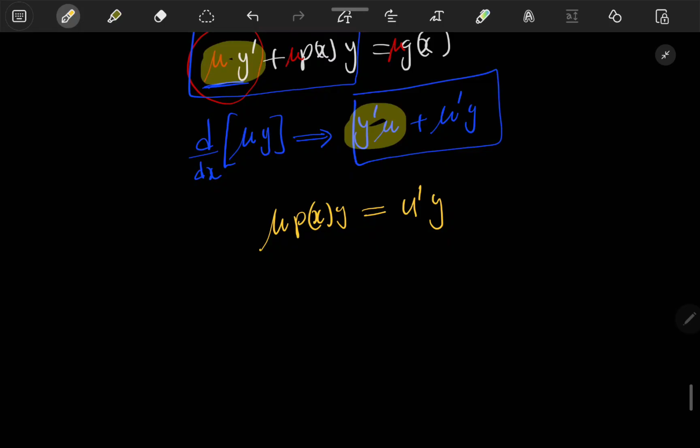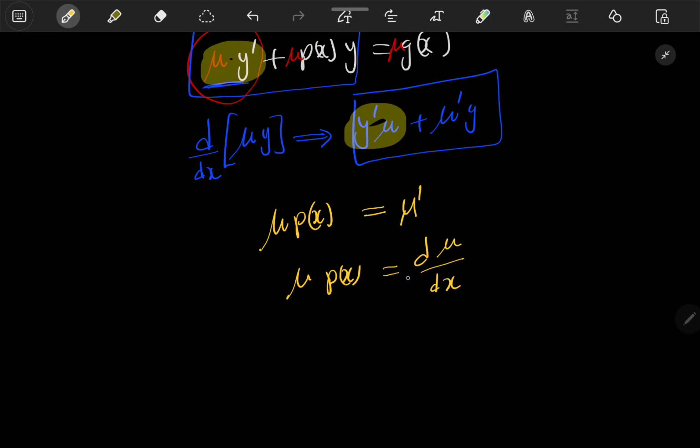Then I can just take out y from both sides, and I'll have mu p(x) is equal to mu prime, which is literally d mu all over dx.